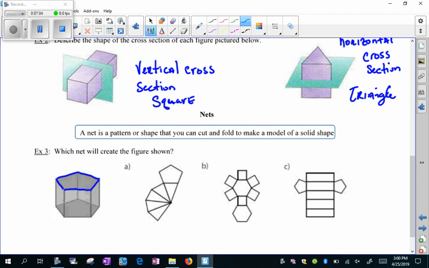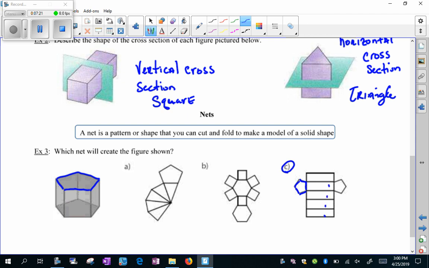I'm looking at A, and I don't see that there. I'm looking at B, I also don't see that there. And I look at C, and there it is.